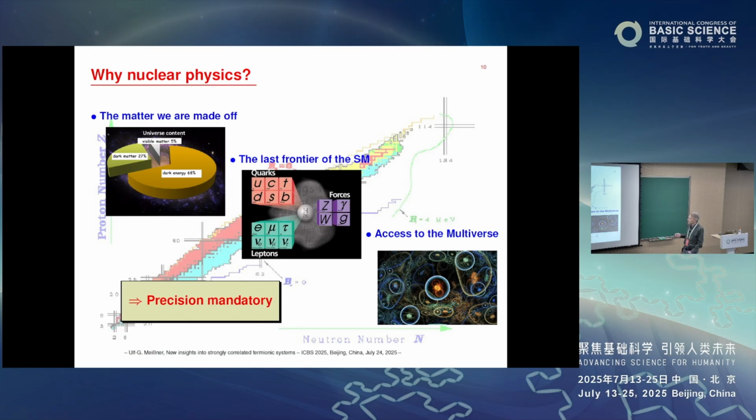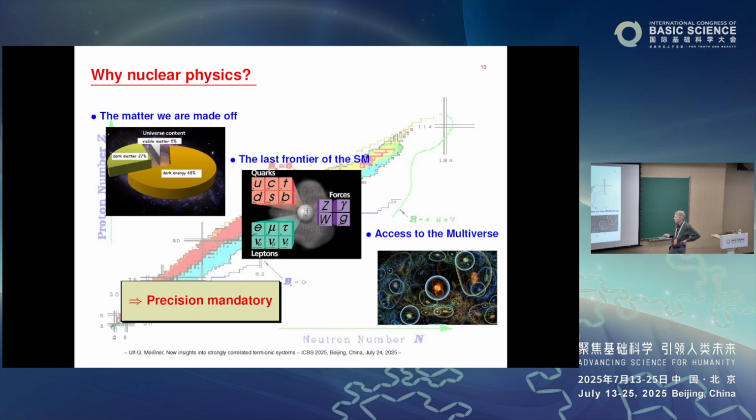Second, we have this very successful standard model of the strong, electromagnetic and weak forces, which is a gauge theory with quarks, leptons, and force carriers, and of course the Higgs boson. But strongly interacting particles don't come in terms of quarks, they come in terms of hadrons and nuclei. And this structure formation is not really understood. So in a way, nuclear physics is the last frontier of the standard model. Everything else is essentially well understood.